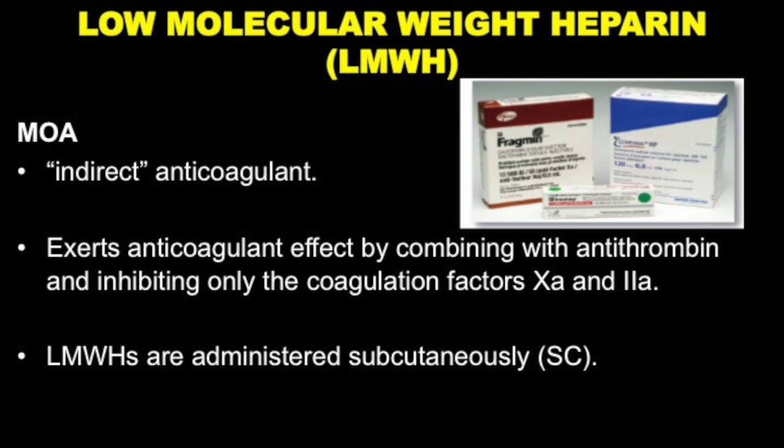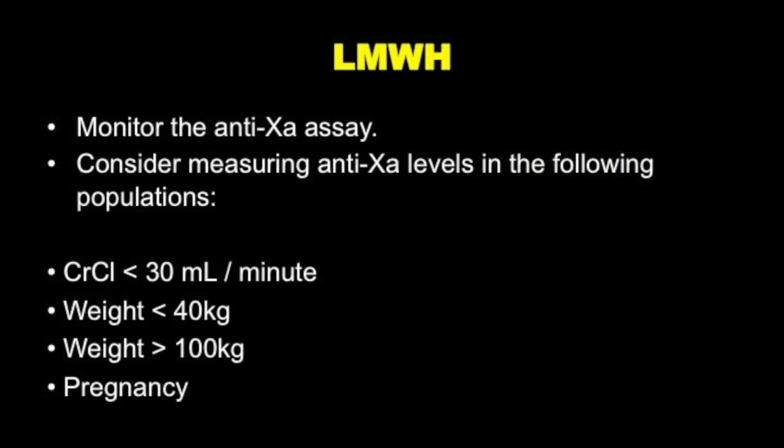It acts as an indirect anticoagulant and exerts its anticoagulant effect by combining with antithrombin and inhibiting only the coagulation factors, activated 10 and activated 2. It's administered subcutaneously, and usually it doesn't require monitoring, but if you must, you can monitor anti-10 activity assays, which are mostly done in our pediatric population in children who have renal issues with a creatinine clearance level of less than 30, and if they are adolescents, if they are pregnant.